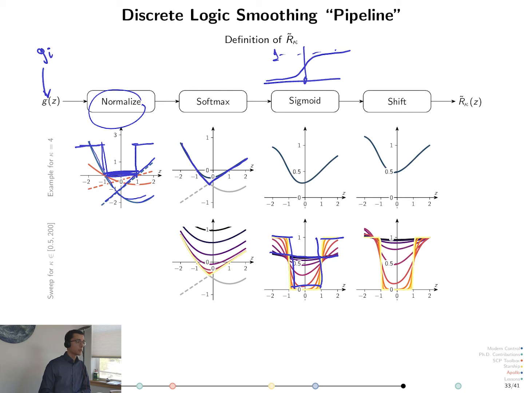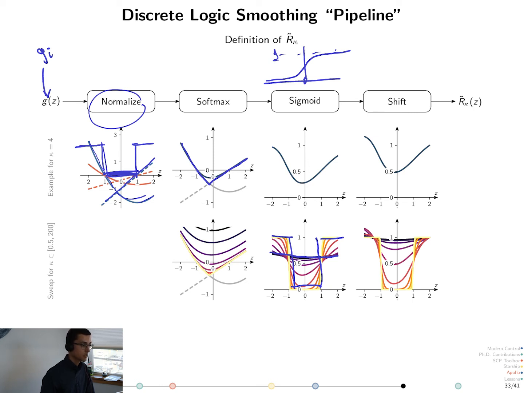We begin by normalizing them so their values are between 1 and minus 1. That helps to standardize the algorithm across any kinds of discrete logic you want to implement. Once we've done this standardization, we apply a softmax function, which is a log of the sum of exponential functions, in order to do a smooth approximation of the maximum over these predicates.